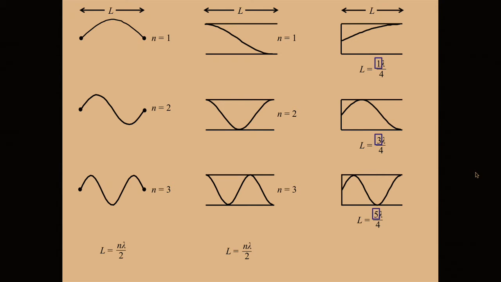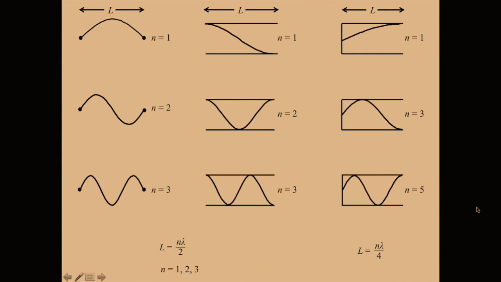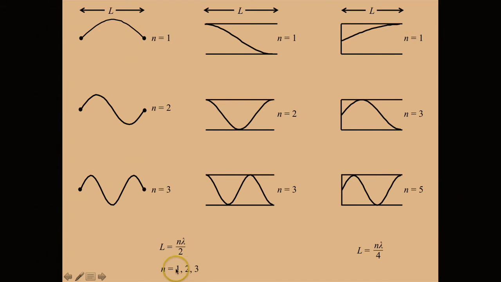So let's call that value n, and the formula is L equals n times lambda divided by 4. And again, n is counting up 1, 3, and 5. So what do we notice? These two have the same formula, and n is any number you want, any positive integer. This one had a different formula, and n was only the odd integers.